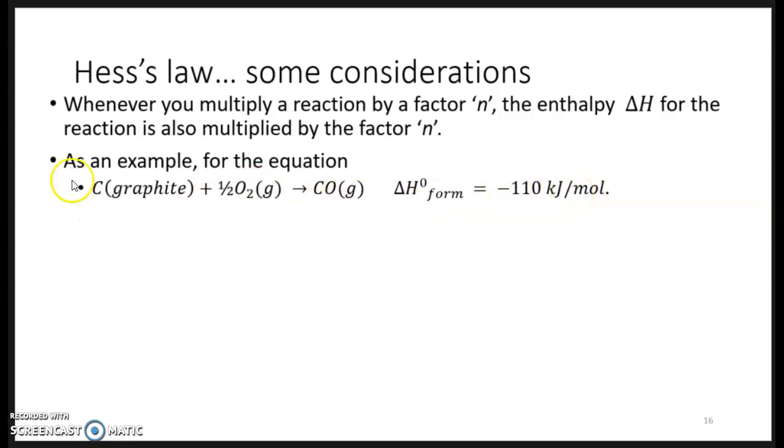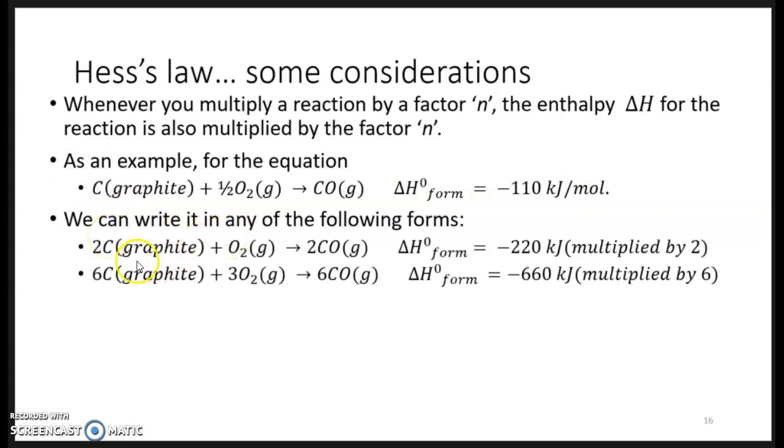Now, if this reaction is multiplied by 2, maybe it's needed for a calculation, delta H has to be multiplied by 2. When it is multiplied by 6, delta H is also multiplied by 6. So 2C plus O2 to give 2CO, delta H of formation is minus 220. That's double the delta H for this reaction.